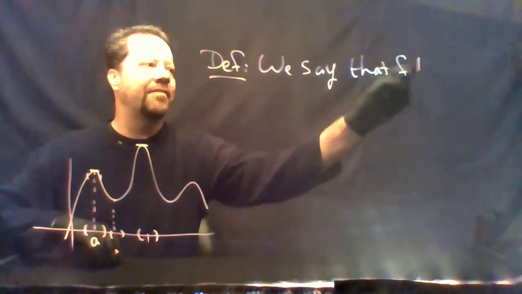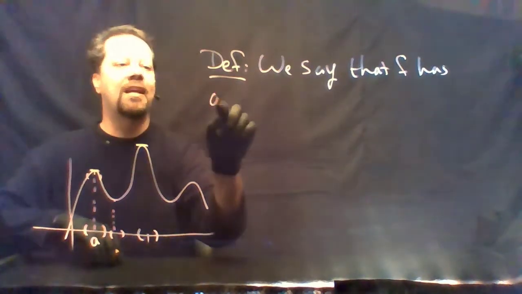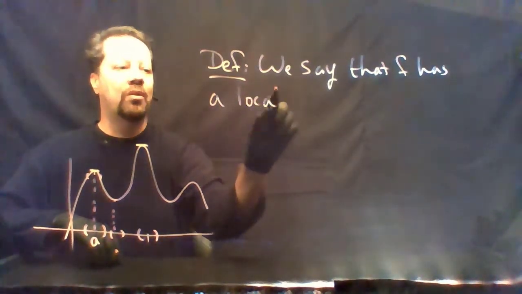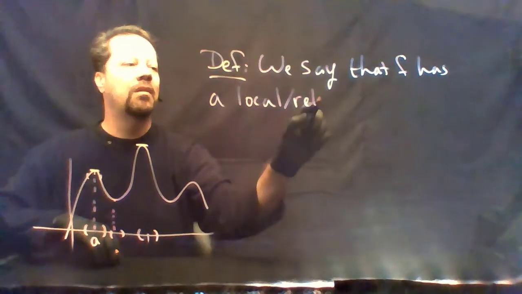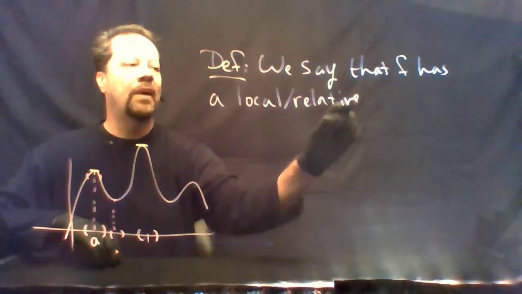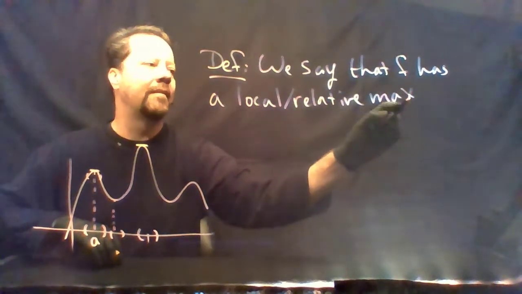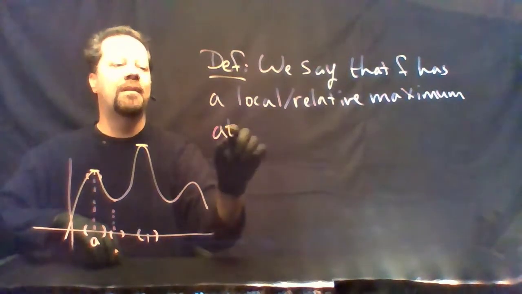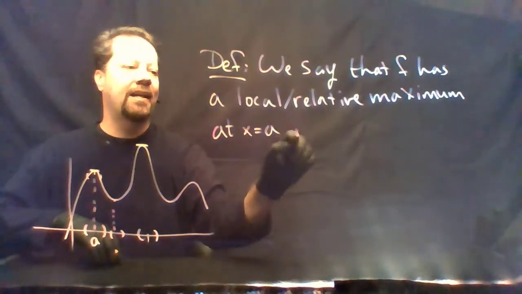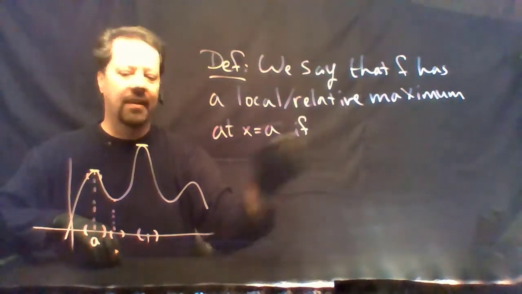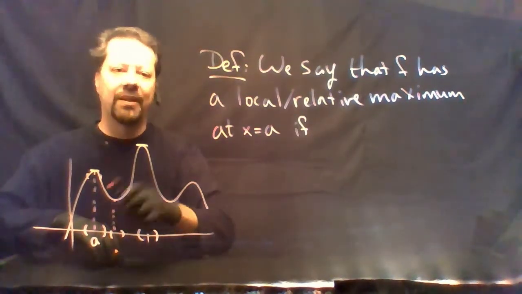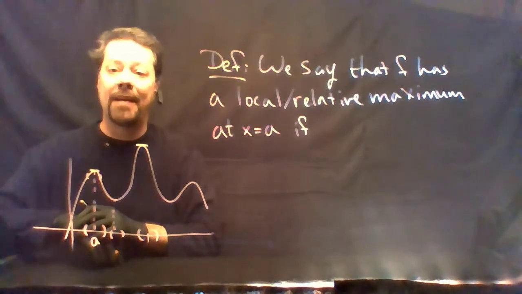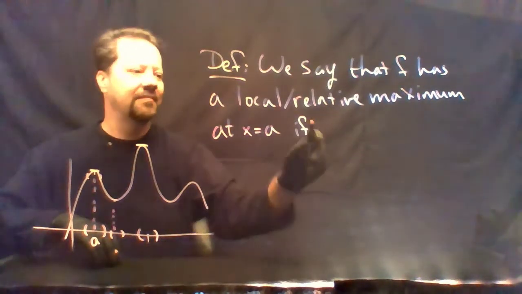We say that F has a local or relative maximum at x equals A if there is a neighborhood of A on which F has an absolute maximum.